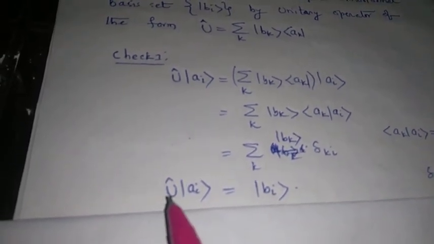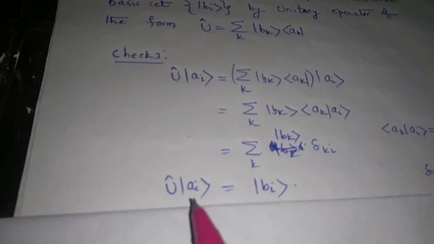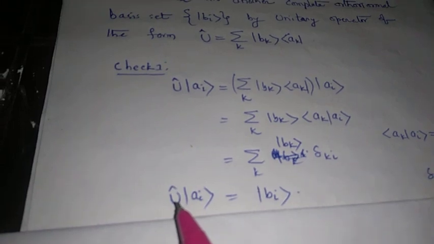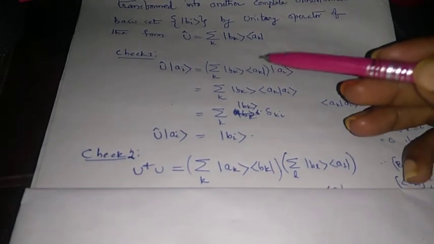So we see that this ket a_i is transforming into ket b_i by the operation of U, which is of this form. Check number 2 is for U dagger U, and U was defined like this here.